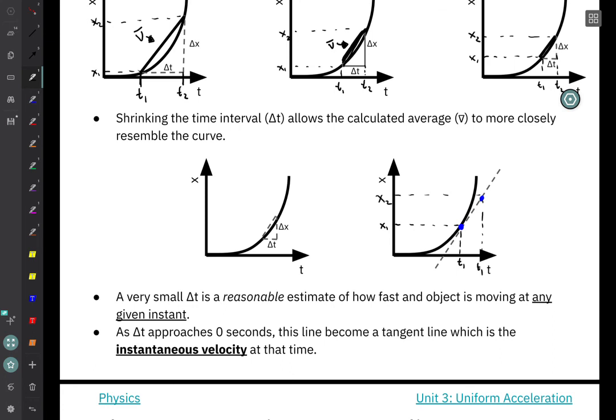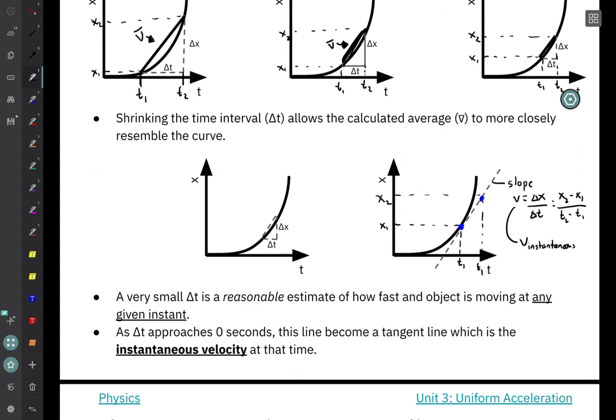If we know that, then we can calculate the slope of this line, which is going to be the velocity of that line, and that will be our change in position over our change in time: x2 minus x1 for those two positions on the y-axis, and time 2 minus time 1. That way we can find out what that velocity is going to be. So this is going to be our instantaneous velocity, our velocity at that specific point.